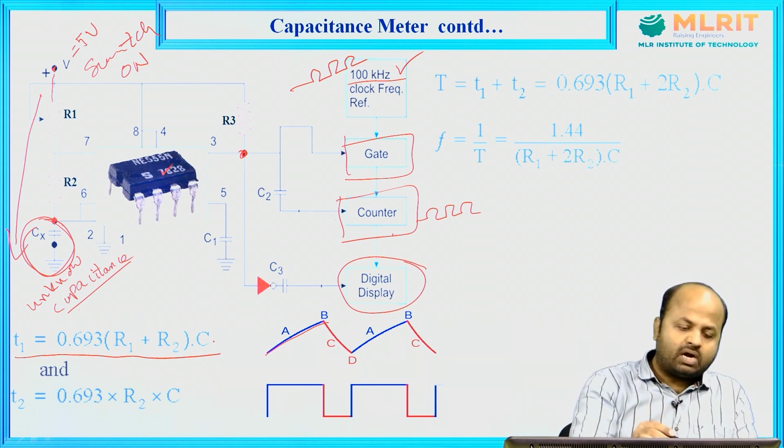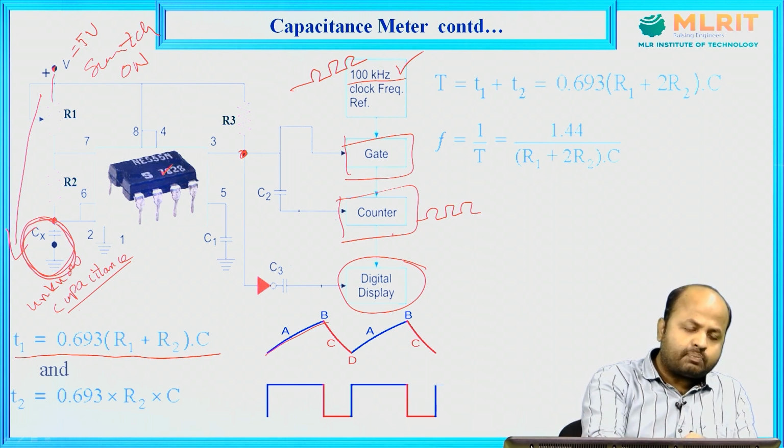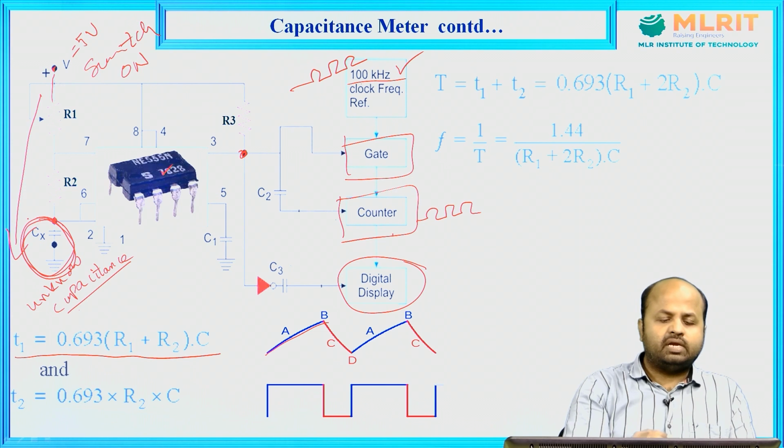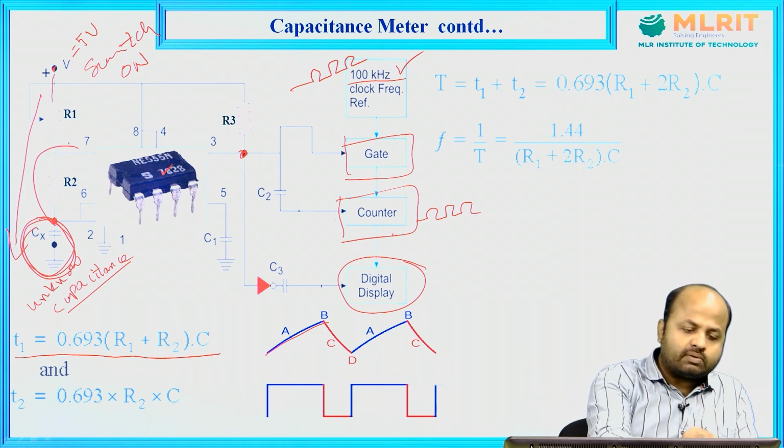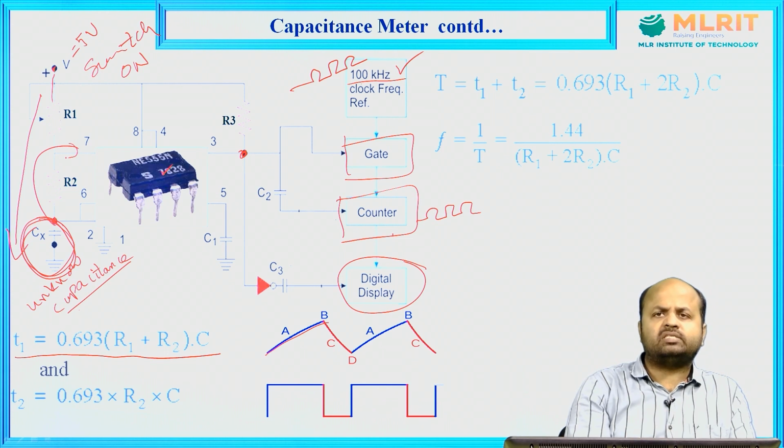Then after the capacitor gets fully charged, it will try to discharge through pin number 7. So 7 number pin is the discharging pin of a 555 timer.